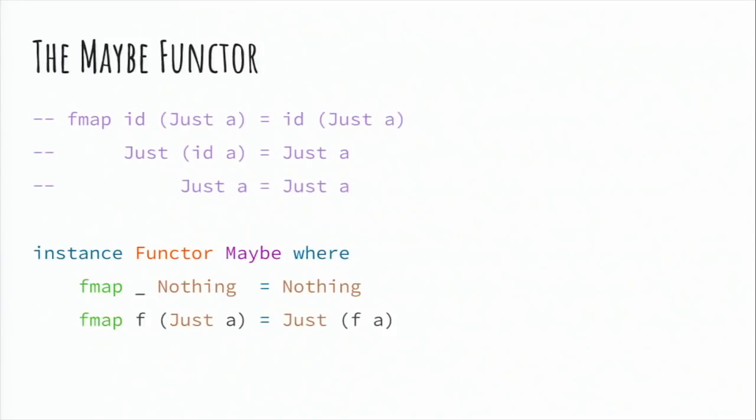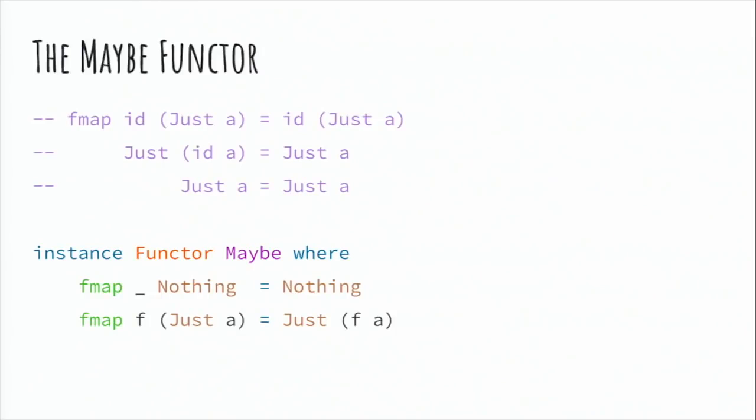But does it hold for a value as well? So if you put Just A in, what happens? Well, if we look at the definition, then fmap f (Just A) is Just (f A). So we substitute f with ID. So the left side turns into Just (ID A).